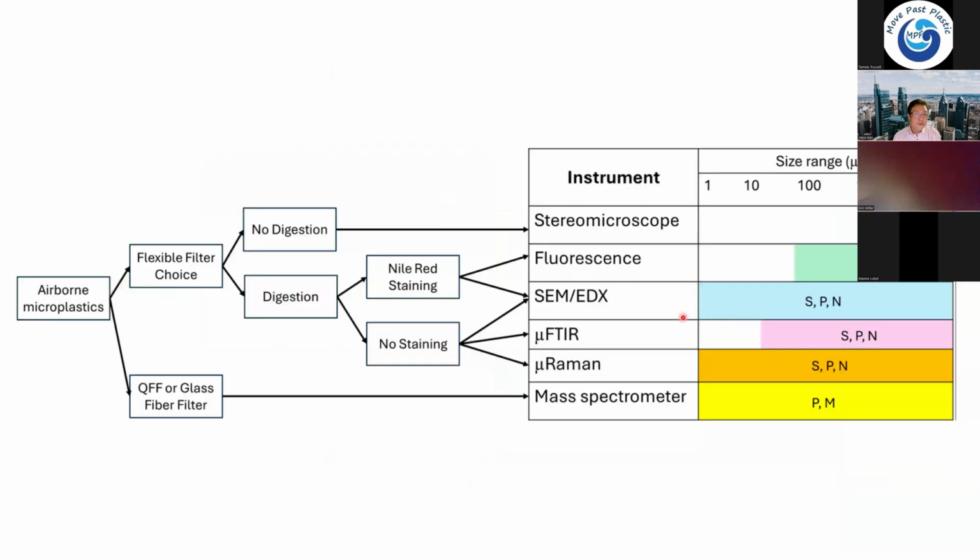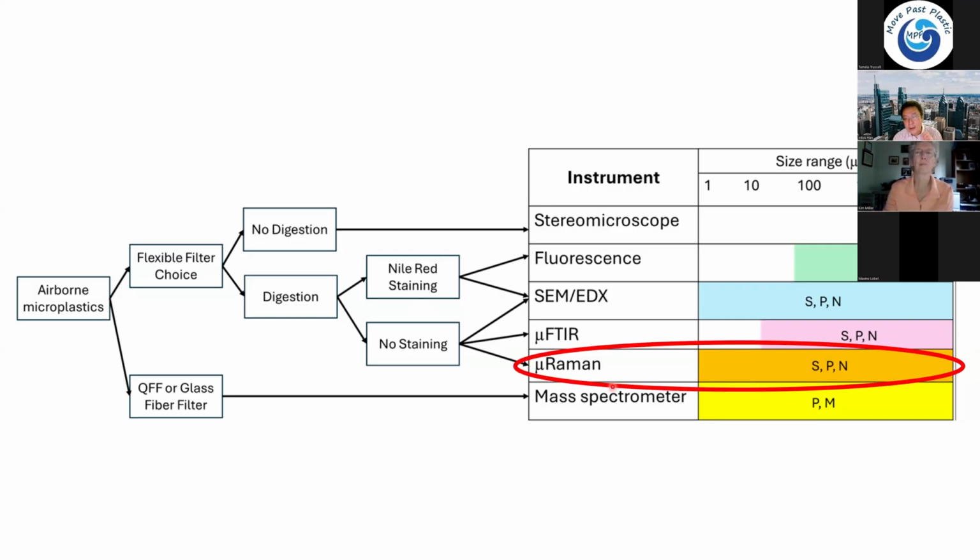To analyze these airborne microplastics, there are many different ways we can do it. But as I mentioned earlier, we are focusing on Raman spectroscopy. The reason is that, as you see in this graph, Raman spectroscopy can analyze microplastics of size 10 micrometers or less.